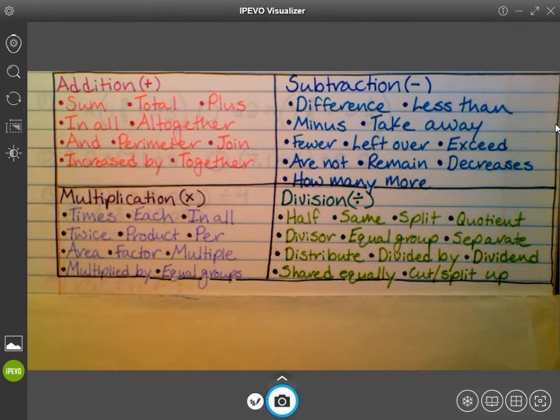We're just practicing, okay, if we're given a sentence, how do I write that in numbers and operations and symbols? You can go ahead and give me a thumbs up when you have this written down. Thank you, Mackenzie. Thank you, Emmy.